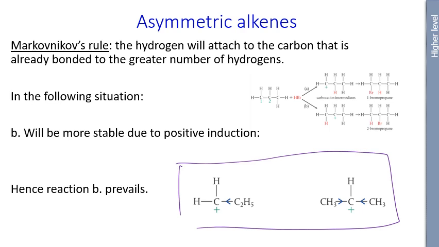So this one here is going to be more stable than that one there, because it's got two alkyl groups giving electron density to the carbocation, making it more stable. So that's why the rich get richer. Just put that there: the rich get richer.